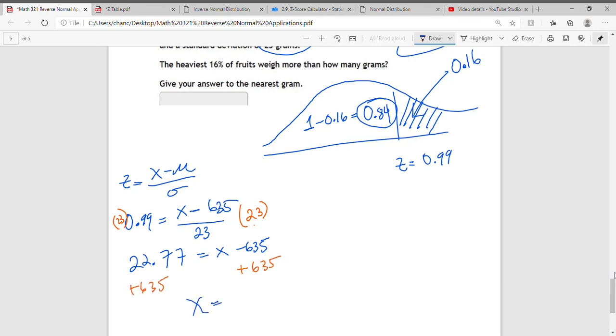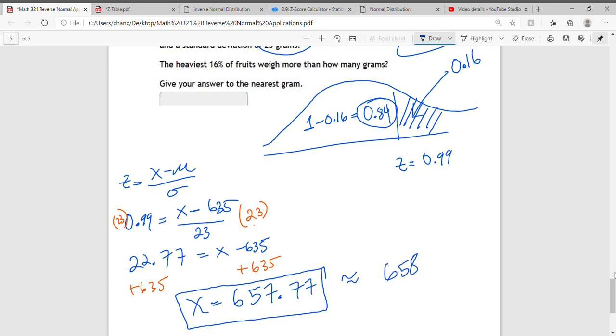X equals 657.77. So this is our solution, 657.77. And we want to round that to the nearest gram, so let's say 658. So 658 grams is our solution.